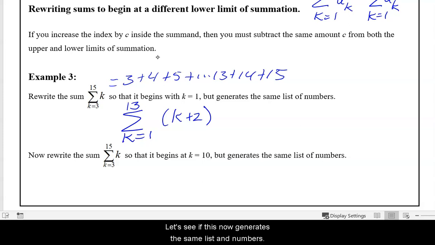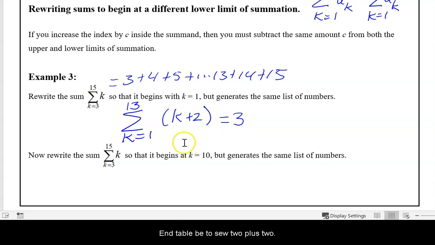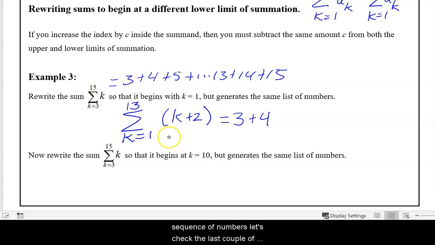Let's see if this now generates the same list of numbers. The first number now, I'll let k be 1, and 1 plus 2 does generate 3. Then k will be 2, so 2 plus 2, that does generate 4. It does appear that this is going to generate the same sequence of numbers. Let's check the last couple of numbers to see.